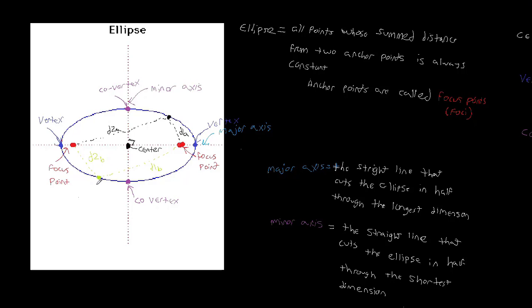We'll look at an example of that in the next video. For now, hopefully you were able to follow along and understand the different definitions and where they come from: what the focus points are, what the vertexes are, the difference between a vertex and a covertex, and the difference between the major and minor axes.